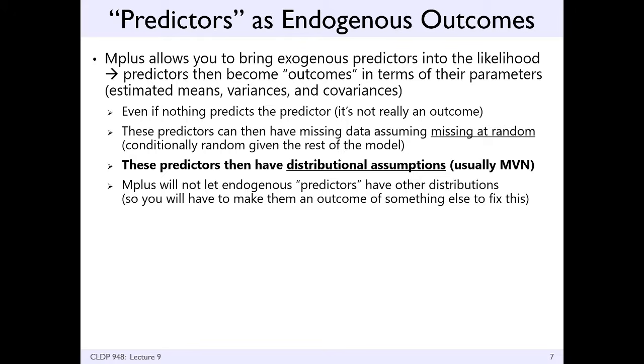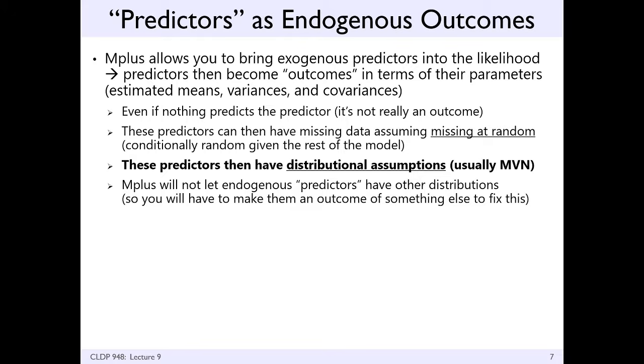However, whenever you have something in the likelihood, it is based on some sort of distribution. In CFA, what's my distribution for my items? Multivariate normal. In IRT, what's the distribution for my items? Bernoulli for binary, or how about categorical more generally?